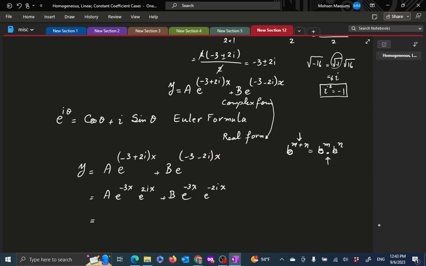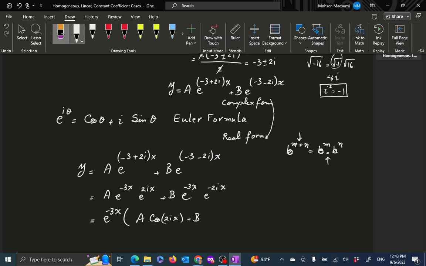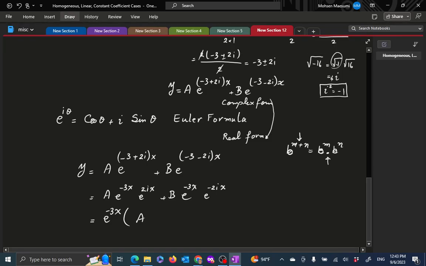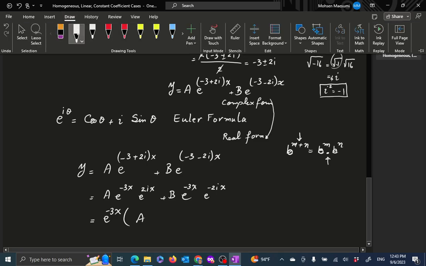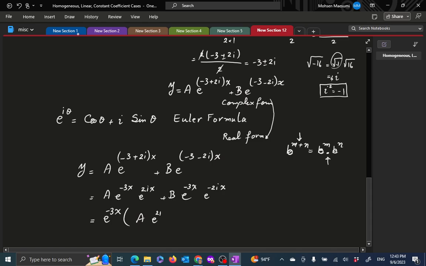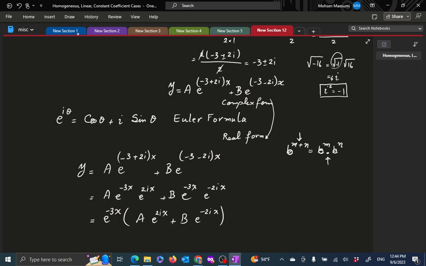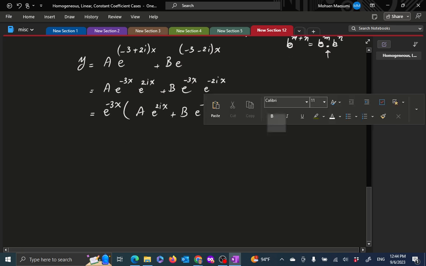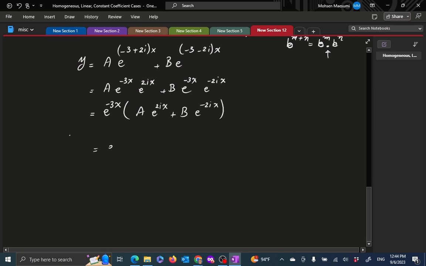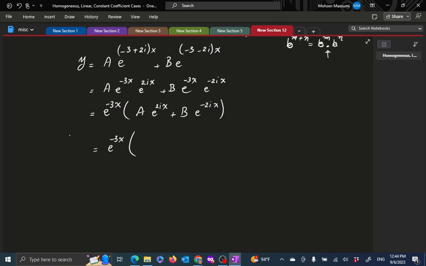Of course I can take my exponential of minus 3x and put it aside. I'll have a times exponential of 2ix plus b times exponential of minus 2ix. So our a and b are just any two numbers. They could be real, complex, or whatever. They're just numbers. Now we apply Euler formula. We have exponential of minus 3x times a.